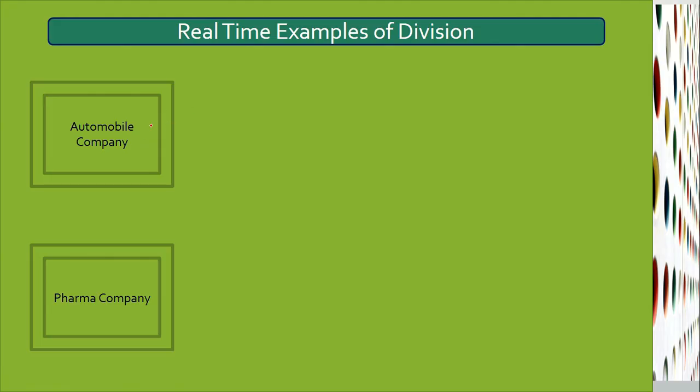To understand it, let us take an example of an automobile company. It is selling its products, and its products are, for example, cars. In an automobile company there can be multiple cars, right? All the cars come under one division. Maybe the brands are different.